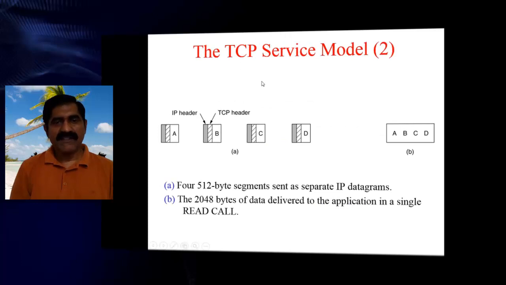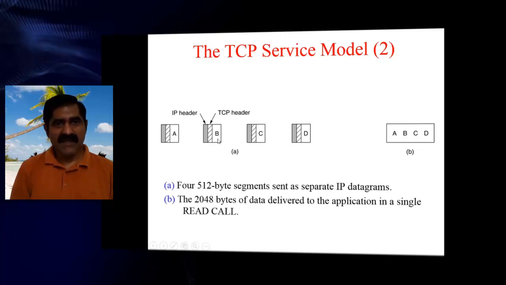Now coming to segment handling, suppose you have data at the application layer that is taken care of by the transport layer to transport the data from one place to another. Here that data is available as four 512-byte segments, like this: A, B, C and D. This one is the indication of the TCP header, and this one is the indication of the IP header.